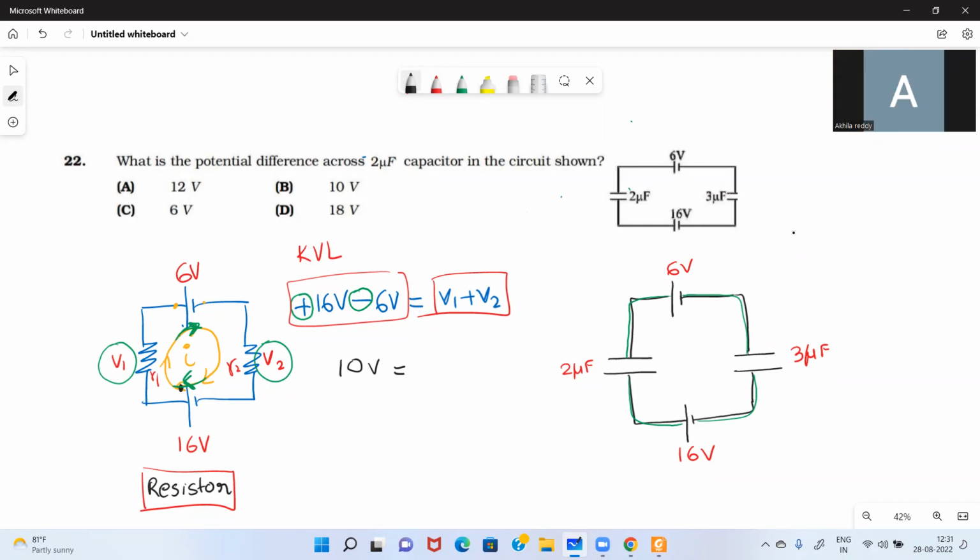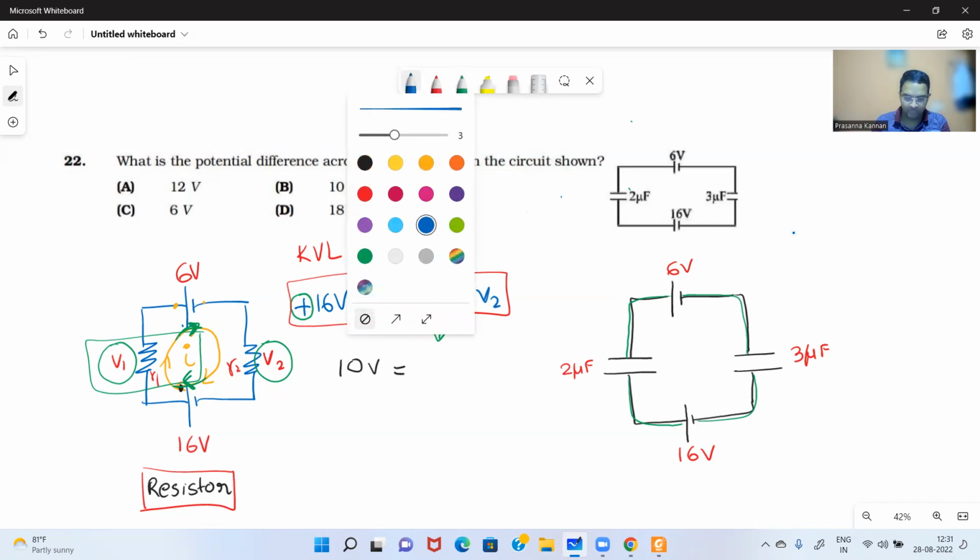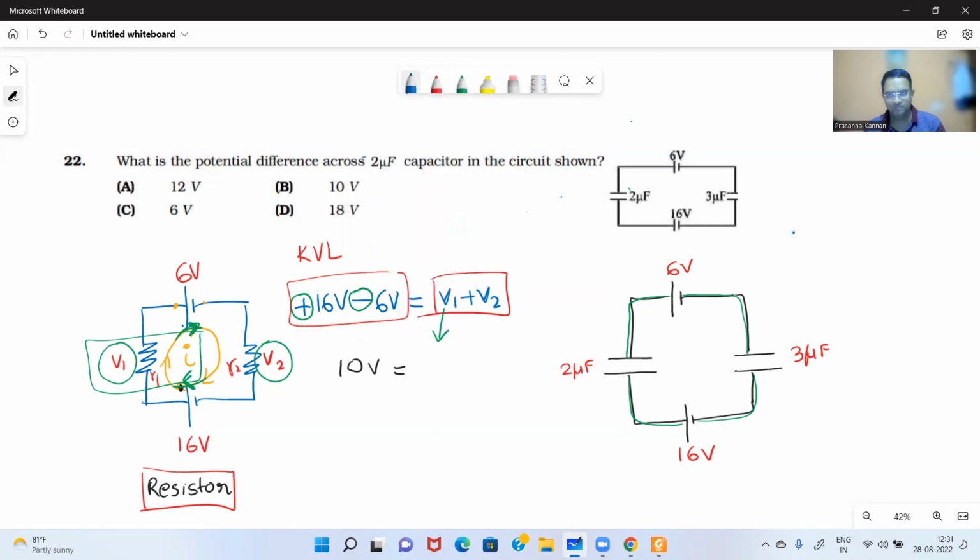Series, absolutely, because it is one single loop, same current will flow. So what will be the relationship between voltage, current and resistance? You have learned Ohm's law: V is equal to I into R. So V1 is equal to I into R1, and V2 is equal to I into R2. Are you understanding?